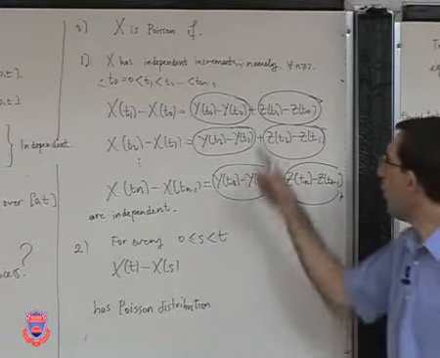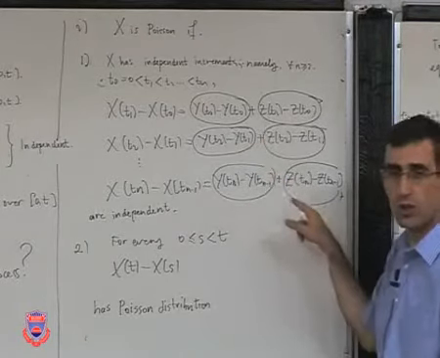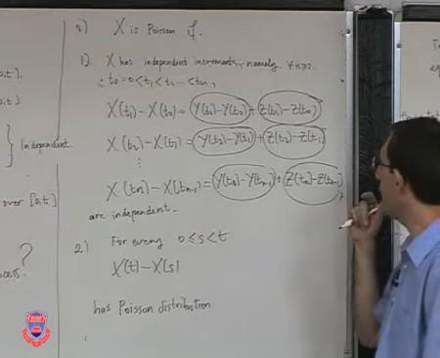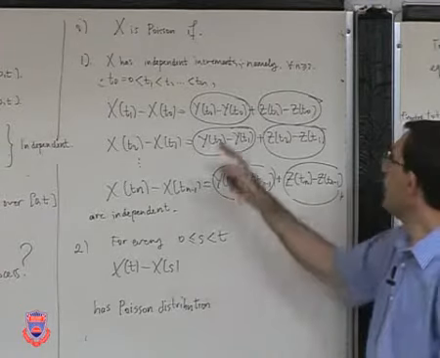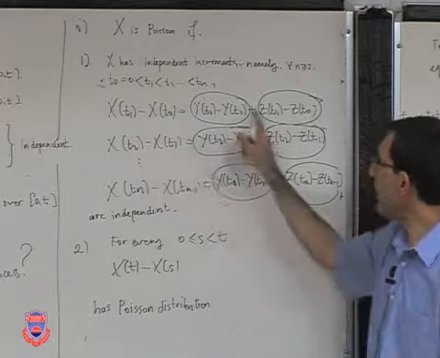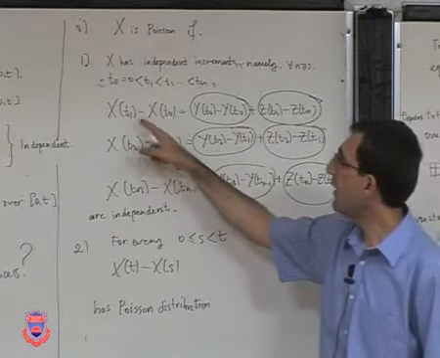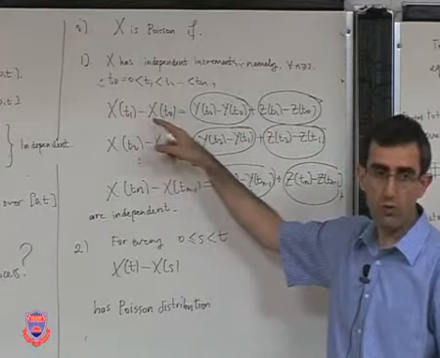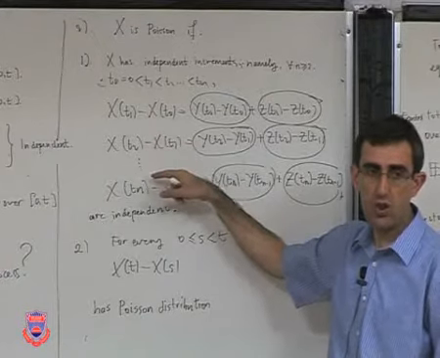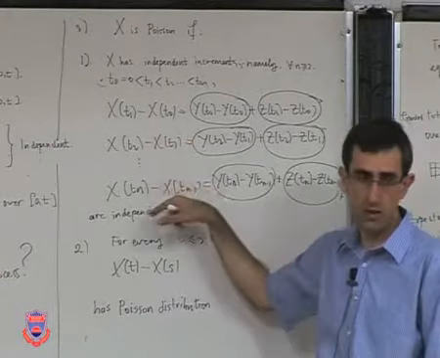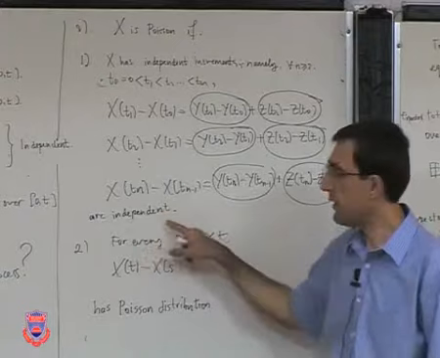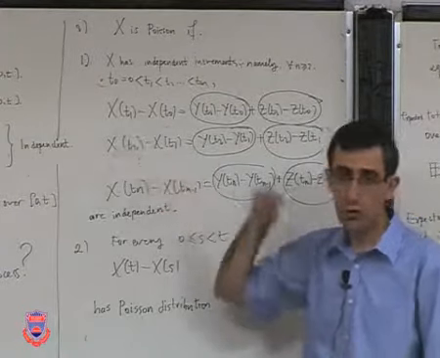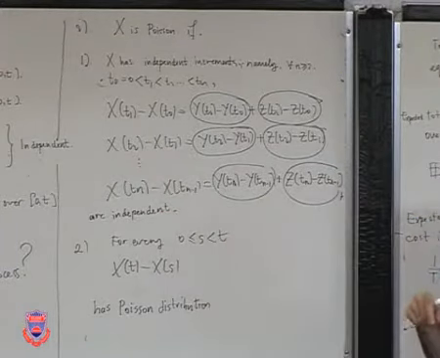So all the random variables that I circled here are independent of each other, and you get these random variables by summing them up. Therefore each one of them consists of random variables which are independent of each other, so they are independent. So the increments of the new process x are independent.